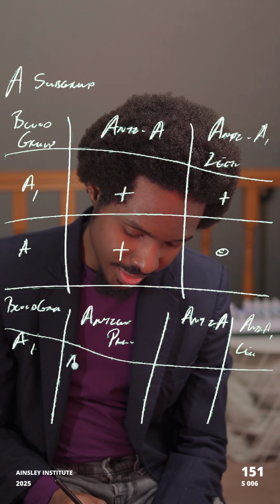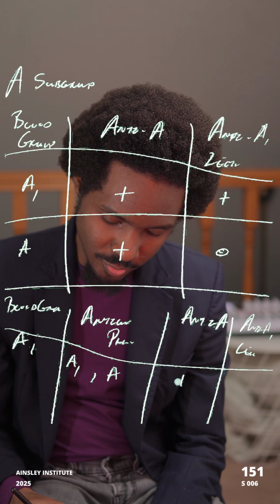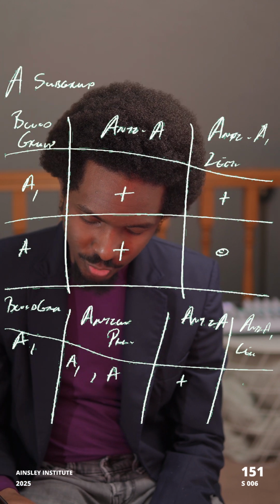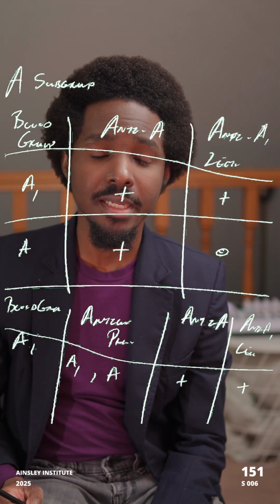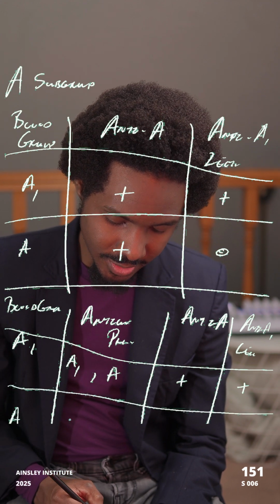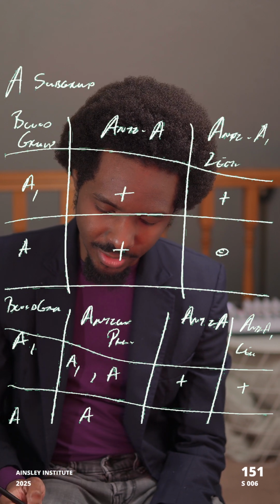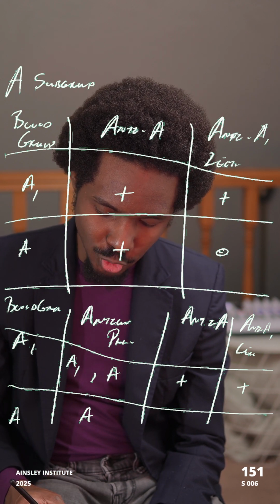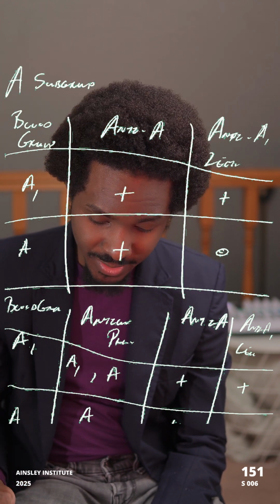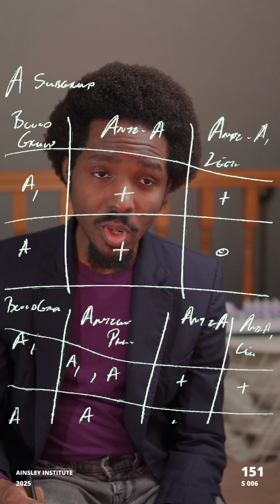So if they're A1, we expect them to have A1 and we expect them to have A. They're supposed to have a reaction with the anti-A, and they're supposed to have a reaction with the A1 lectin. If they're A2, we're expecting them to have A, but they won't have the A1, and we're expecting them to react with anti-A, and we are not expecting any reaction with the A1 lectin.